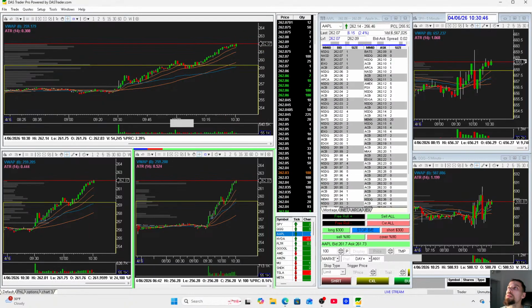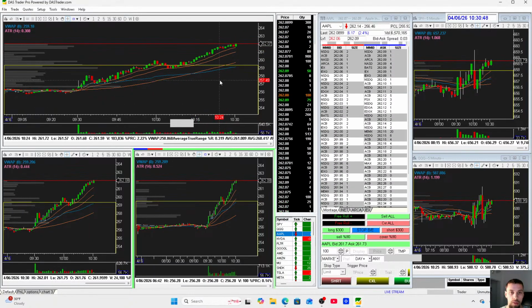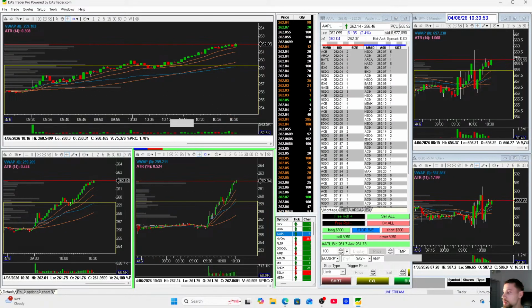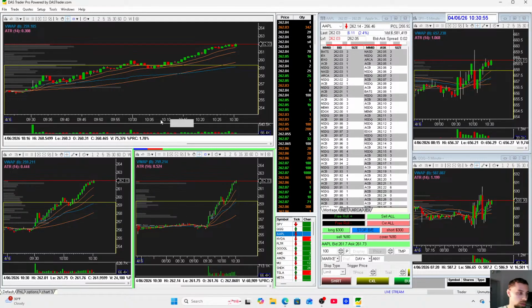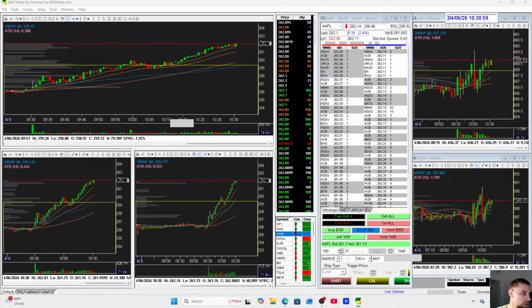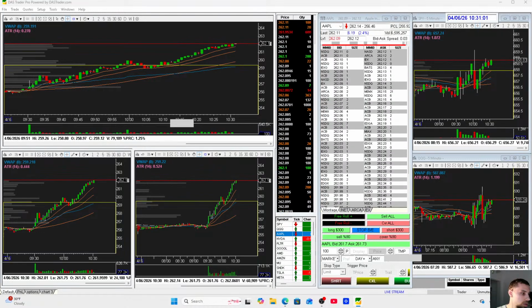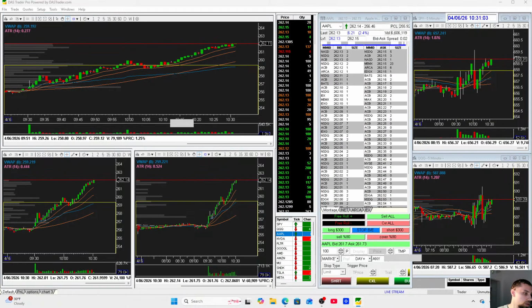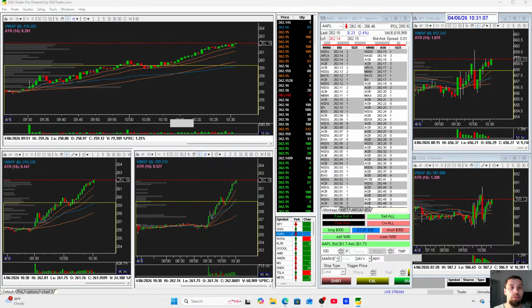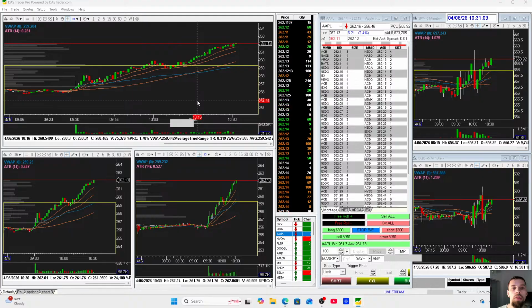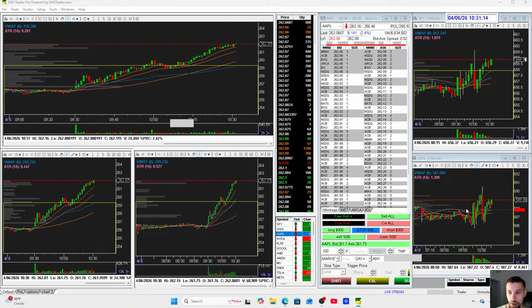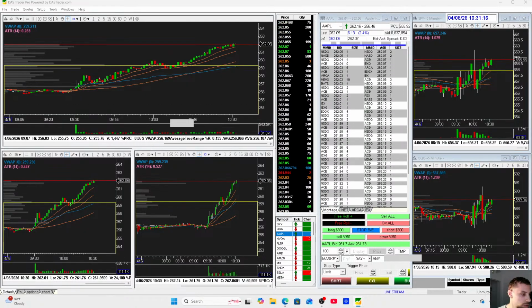Cleared that 262 level. See if it holds 262. It's a very bullish 30-minute candle. Alright, yeah, I'm gonna wrap it up here.